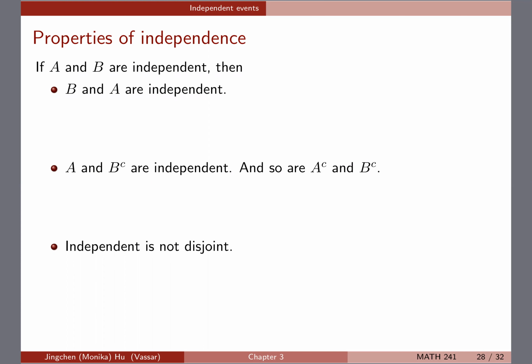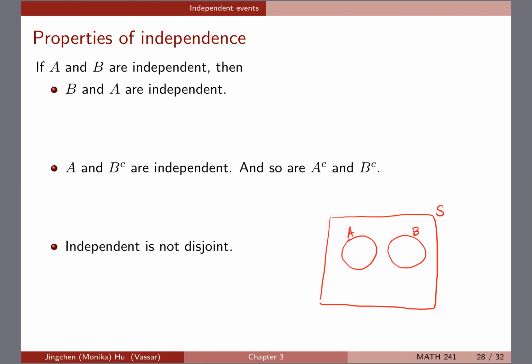So we covered disjoint events before. That is when you have, say, two events, A and B, with no intersection in the sample space.